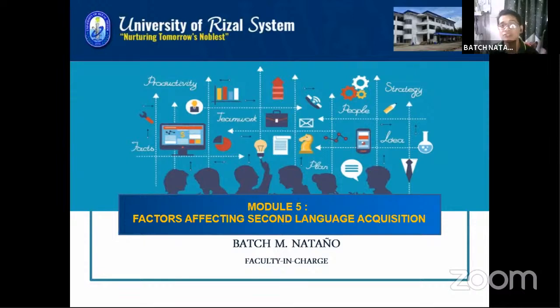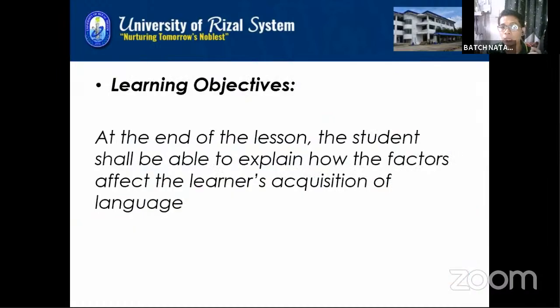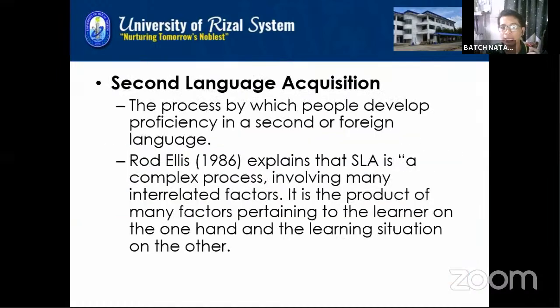Okay, so specifically in Krashen's point of view when it comes to second language acquisition, since whenever we're talking of second language acquisition, we're always going back to Krashen's five hypotheses. But before we move on to that, let's again, so you won't forget, recall what the concept of second language acquisition is.